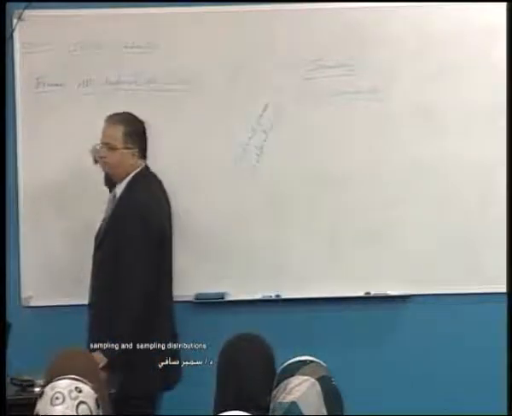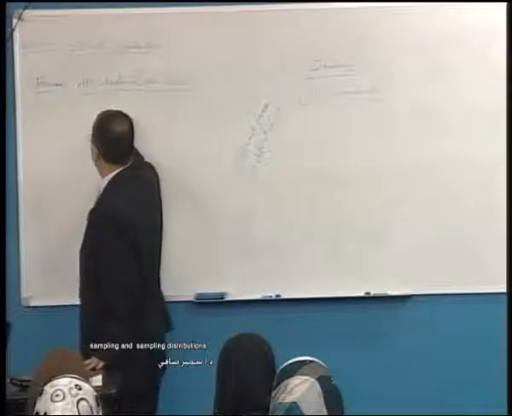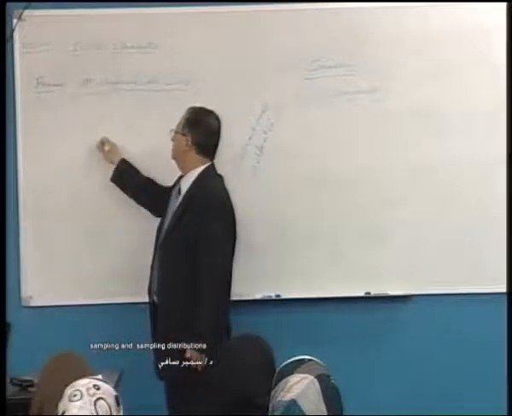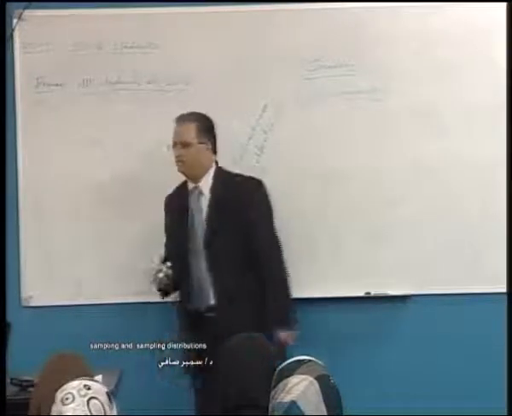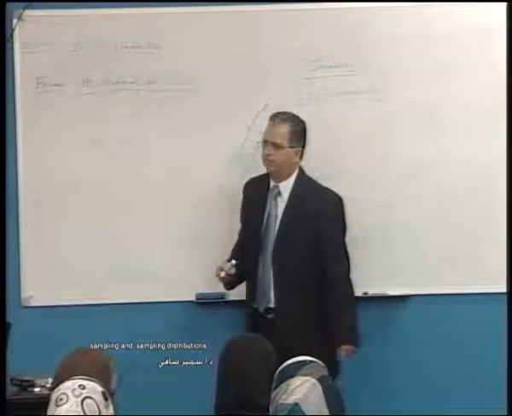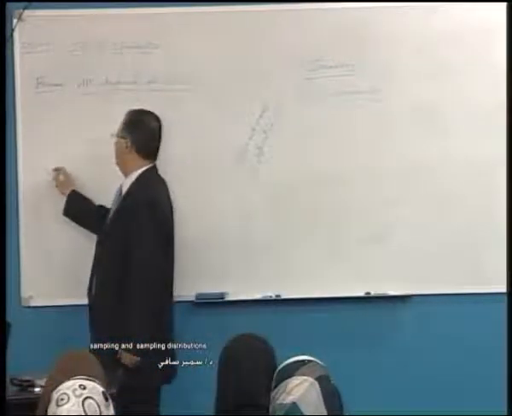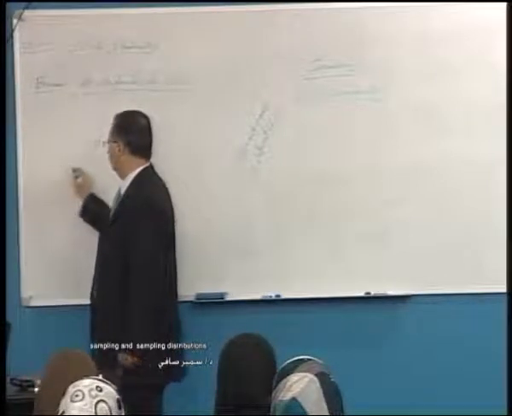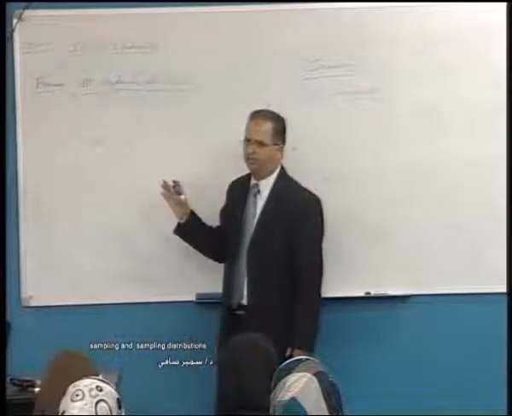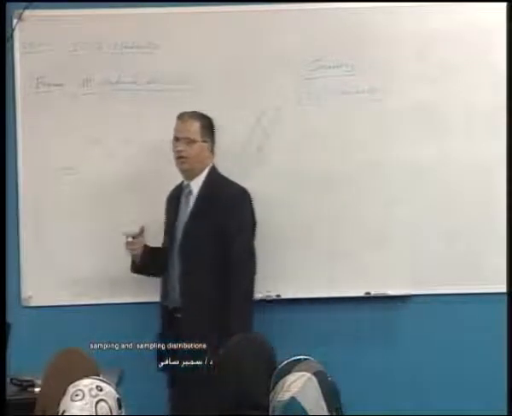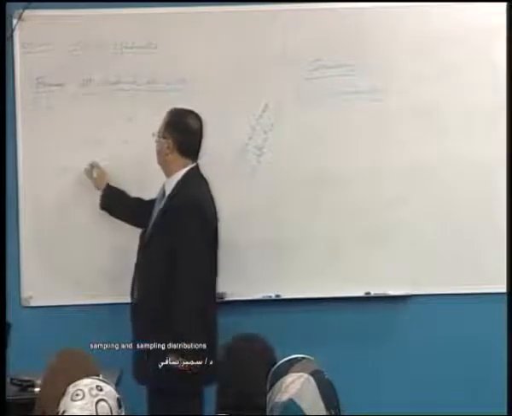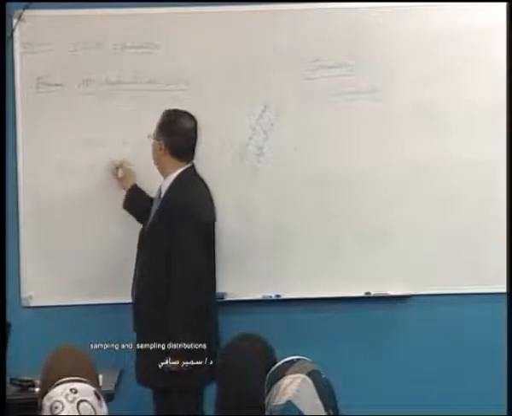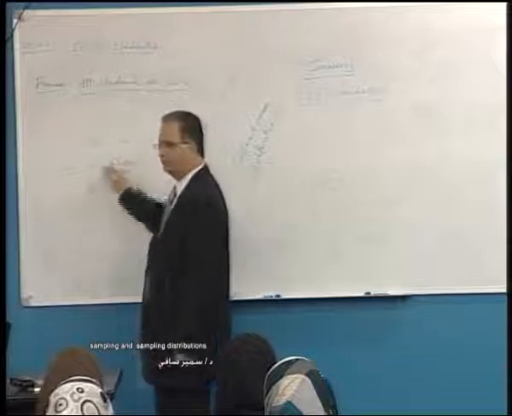For example, suppose females consist of 70% of IUG students, and males the remaining 30%. And suppose I decided to select a sample of 1,000 students from IUG. Suddenly I have a sample that has 650 males and 350 females.